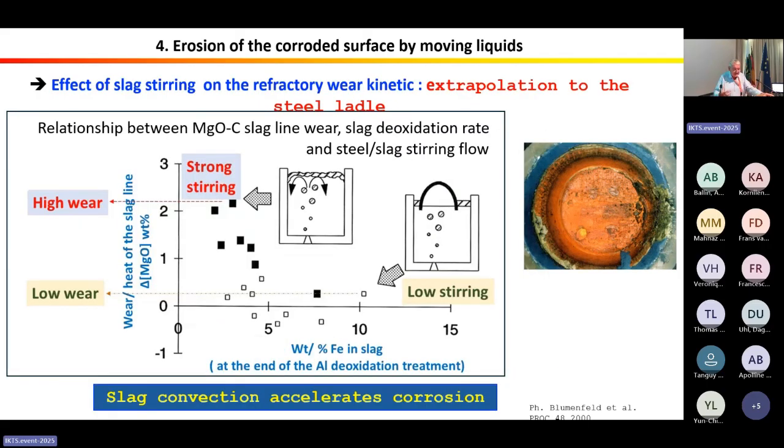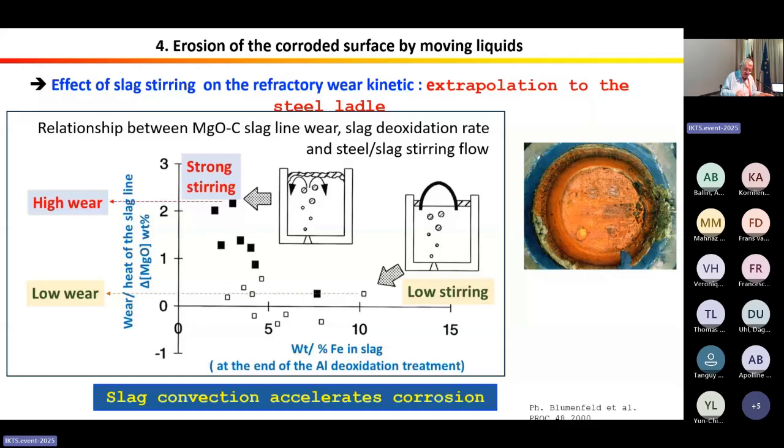And from the lab experiment and from this industrial modeling, we are able to predict the effect of slag stirring on the refractory wear kinetics in the steel ladle, in the industrial case, and this figure represents the wear of magnesia graphite refractories per heat of slag line versus the amount of iron oxide in slag.